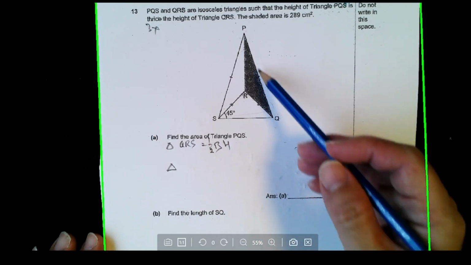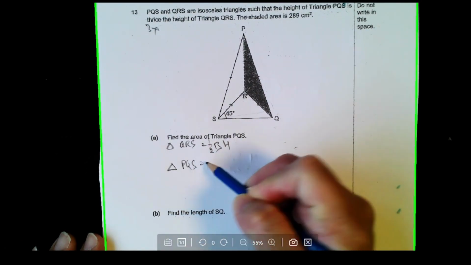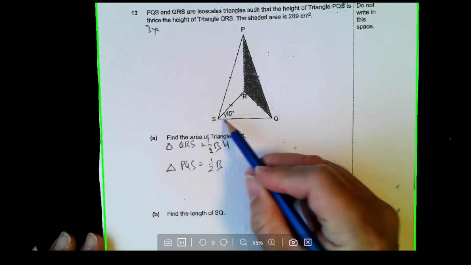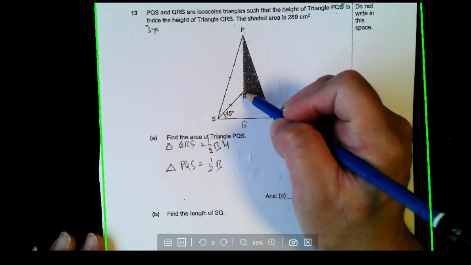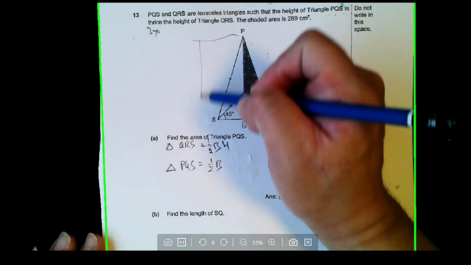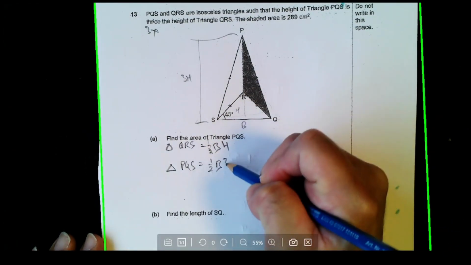Big triangle PQS, area is half times base, the same base, yeah? And this is height. The question tells us this is 3 times, so it's 3h.